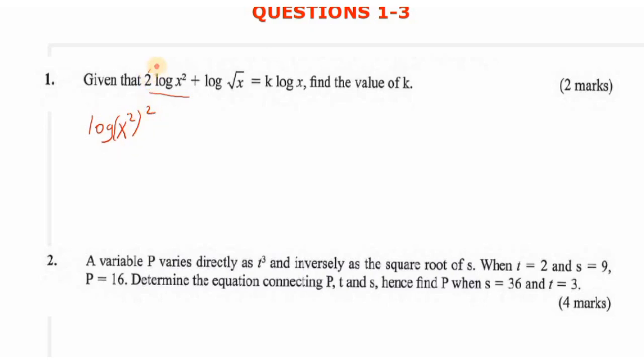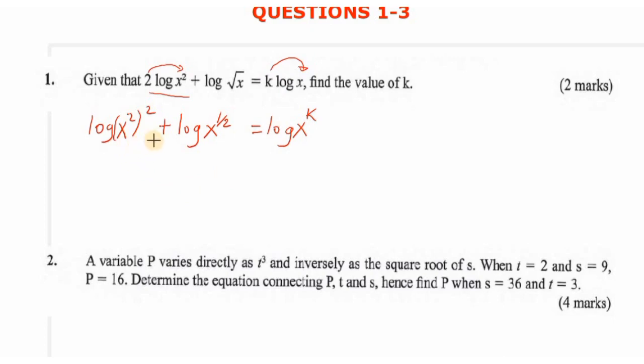That means the 2 comes and it will become the power of x squared, plus logarithm of x power half. Remember, root x is equivalent to x power a half. And then we will equate this to, now k again will become the power of x here. So we have logarithm of x power k.